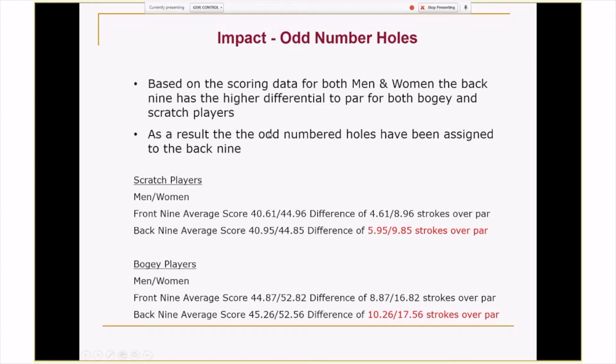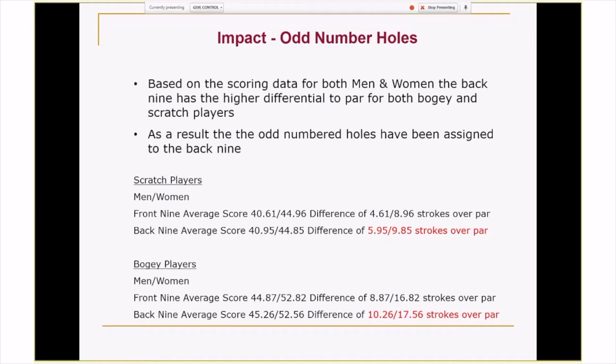So some of the high impact holes here, we could see, as I mentioned, our back nine played more difficult than the front nine. Thus, the odd number holes were assigned to the back nine, even numbers on the front nine.